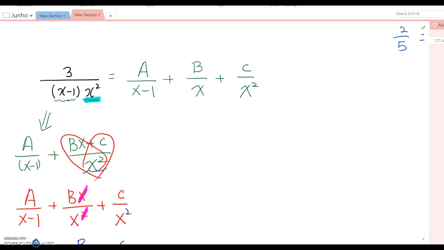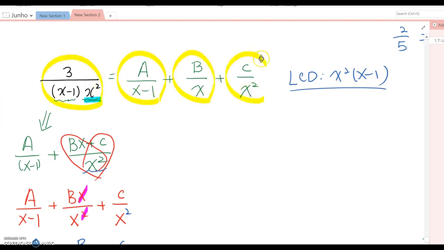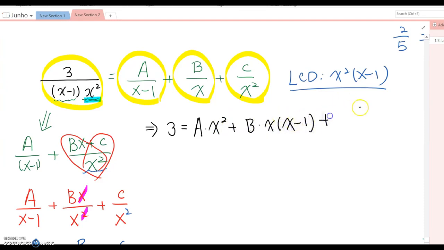So what is the LCD for this fraction? The LCD becomes x squared times (x minus 1). So we multiply this LCD to each fraction, then you will get 3 equals a times x squared plus b times x times (x minus 1) plus c times (x minus 1).